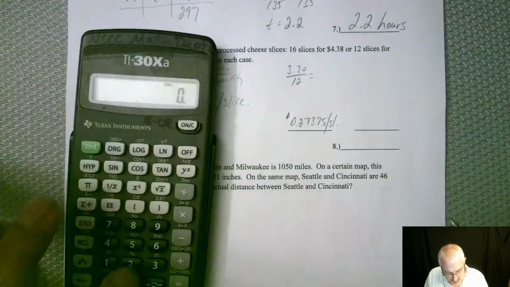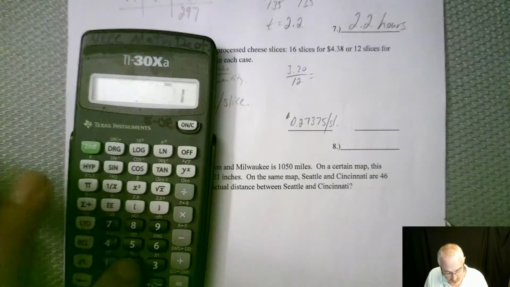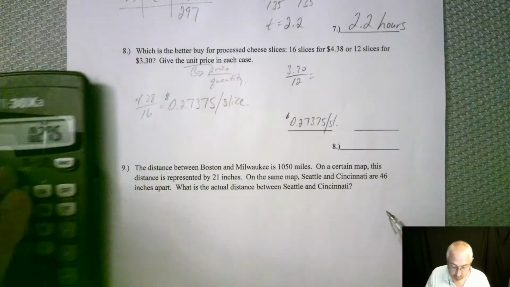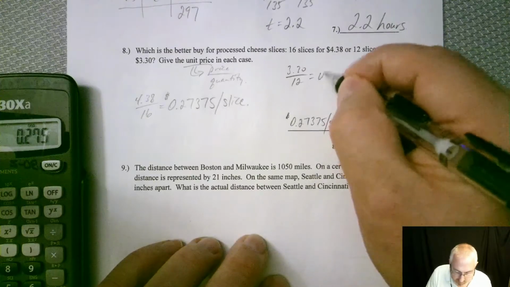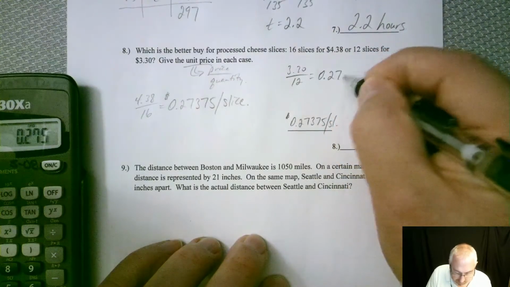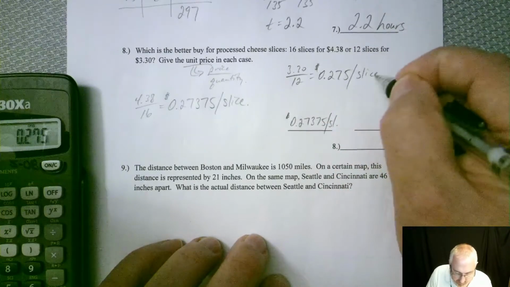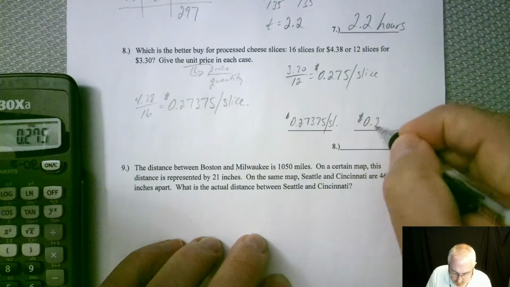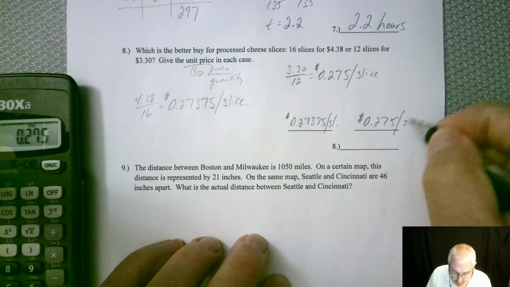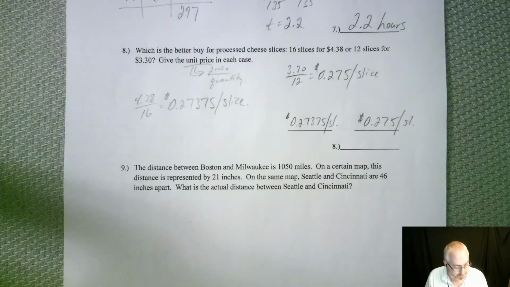So if we did $3.30 divided by 12, ooh, so you can see why rounding into 1 decimal place, or 2 decimal places, is a little bit precarious, just because the prices can get close. So, well, which is the better buy?